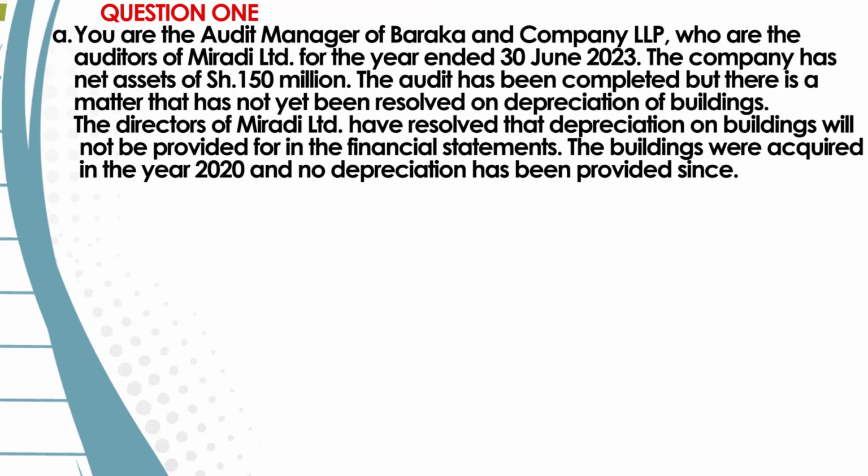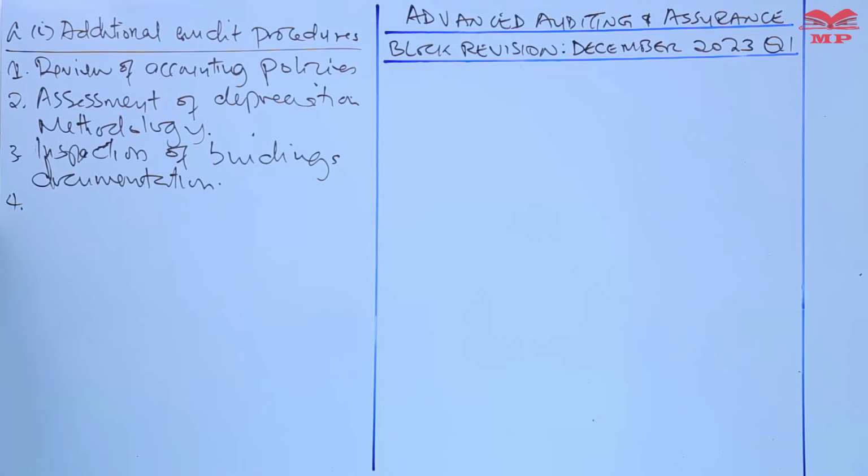The directors of Miradi Limited have resolved that depreciation on buildings will not be provided for in the financial statements. So what additional audit procedures should the auditors perform? The 4th audit procedure is evaluation of maintenance expenditure.